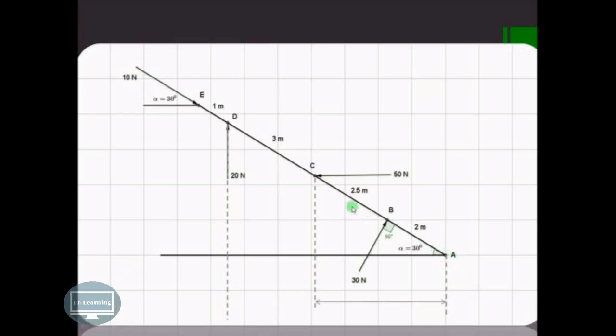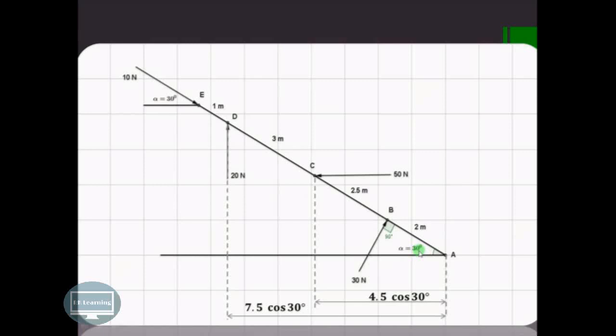Now, as we can see in this right angle triangle, the total length AC is 4.5 meter, and the angle made with the horizontal by this bar is 30 degree. So this length will be 4.5 cos 30. Similarly, the length from A to D is 7.5 meter, that is 2 plus 2.5 plus 3, so 7.5 meter.